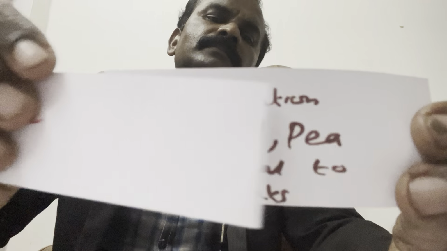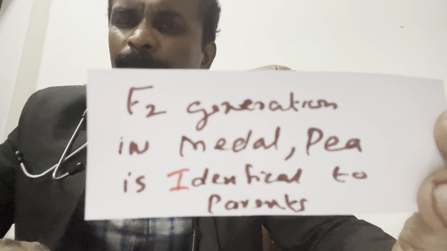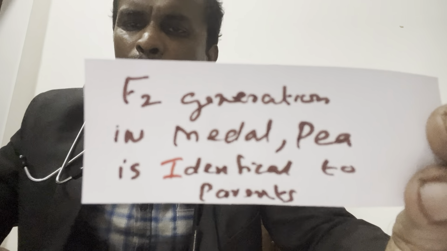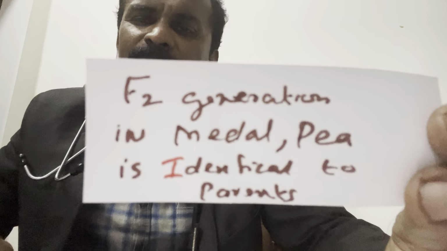It is a true statement. F2 pea plants are identical with their parents. How to remember? Seven days continuous recall. It is a correct statement.